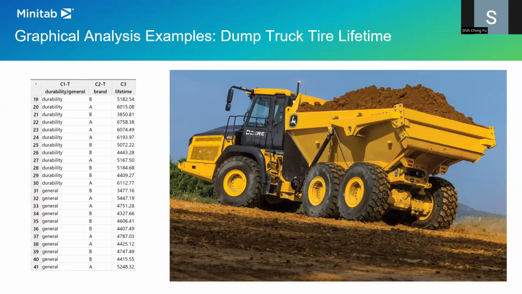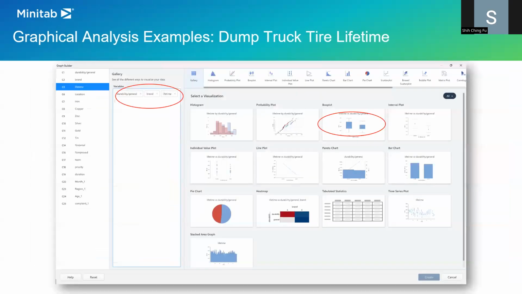Can I solve it with Graph Builder? When you click on Graph Builder, this is the screen in front of you. You just drag the variables, for example the durability or general type of tire, the brand, and lifetime, and put them into the boxes. Minitab Graph Builder can give you all the possible graphs based on those three variables: histogram, probability plot, heat map, and bar chart.